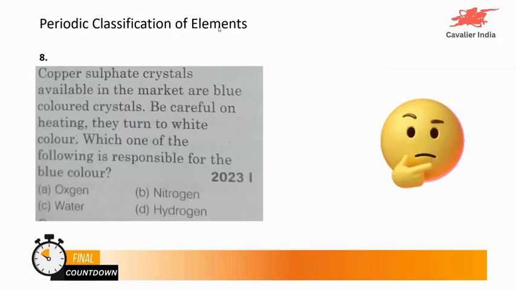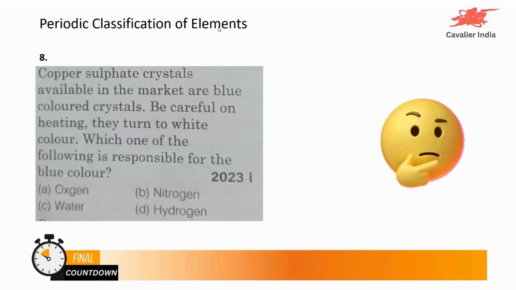Next question, copper sulfate crystals available in market are blue colored crystals, okay. On heating, they turn to white color. Which one of the following is responsible for blue color? A is oxygen, B is nitrogen, C is water, D is hydrogen. Which is the right answer?